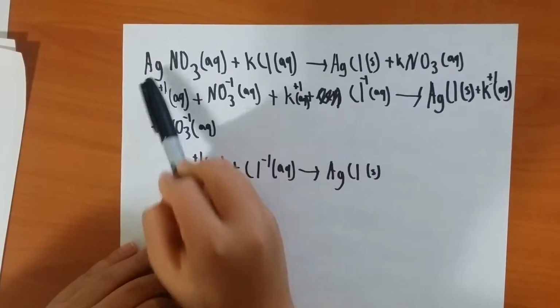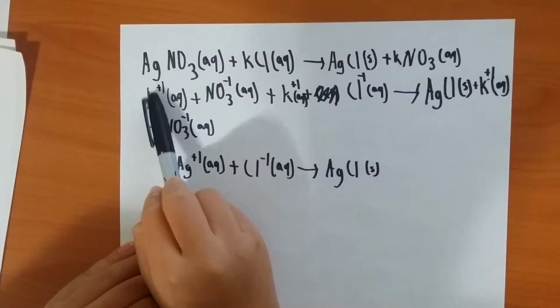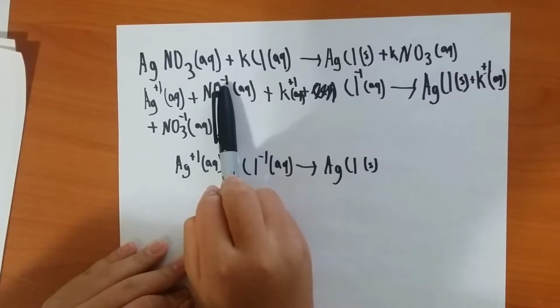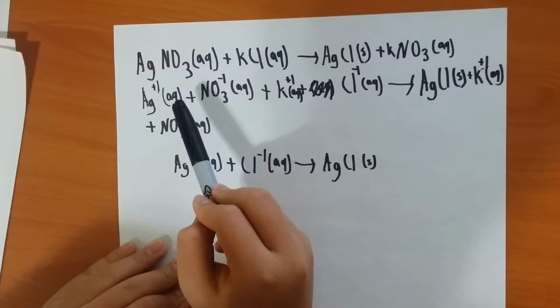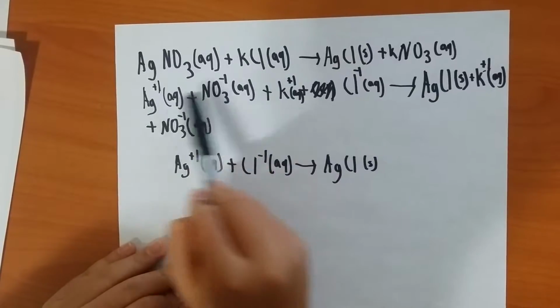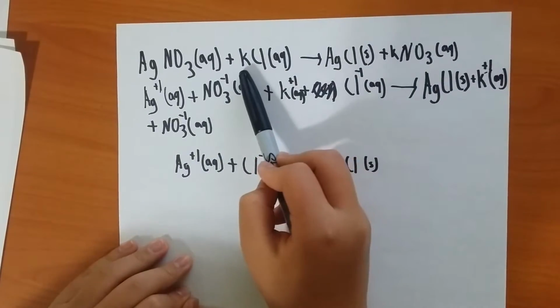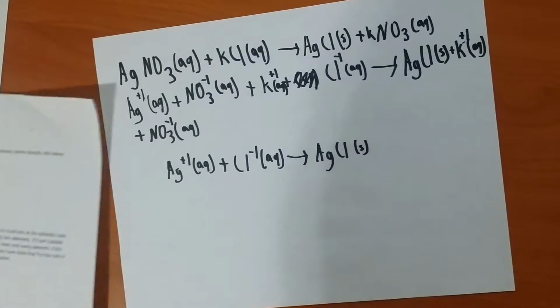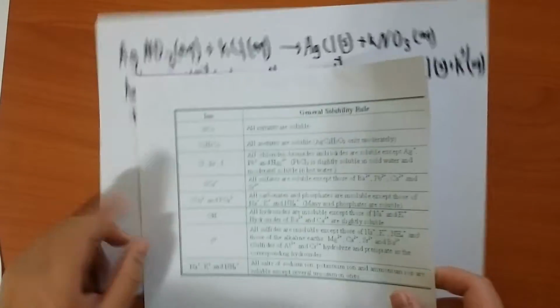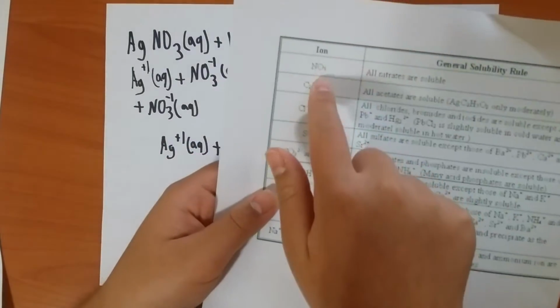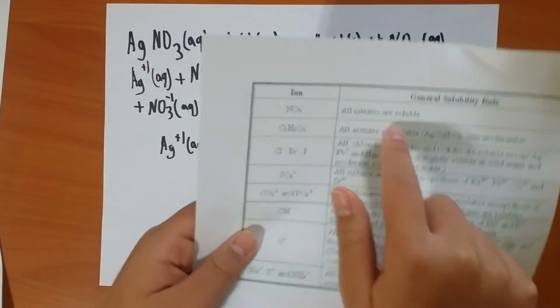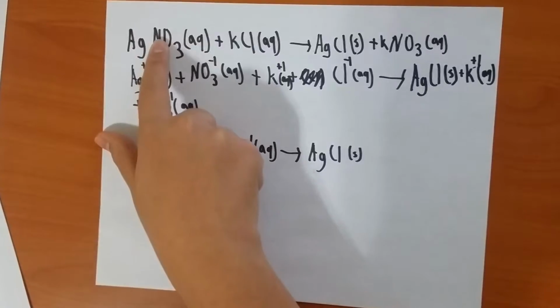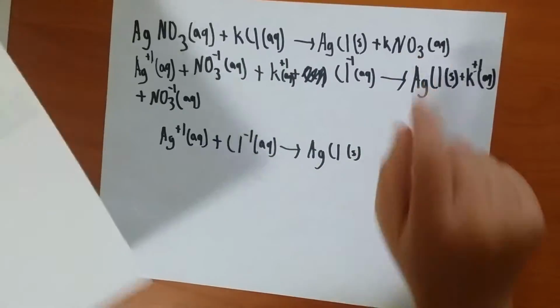So Ag with the original charge, NO3 with the original charge, and also add the aqueous. And then we also need to look at the solubility rules to see if it's soluble. So right here it says NO3. That means they're soluble. So this is soluble and this is soluble.